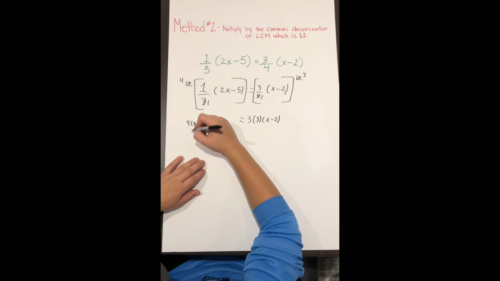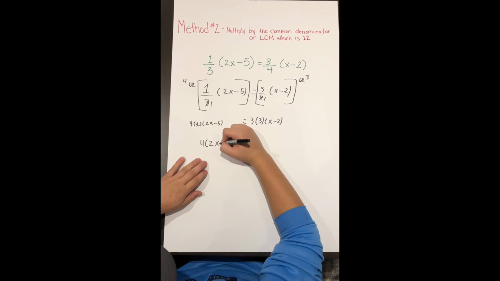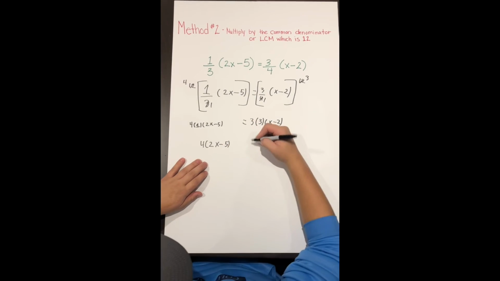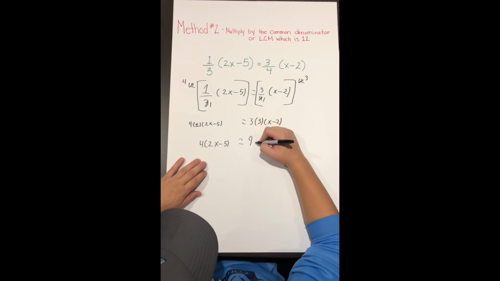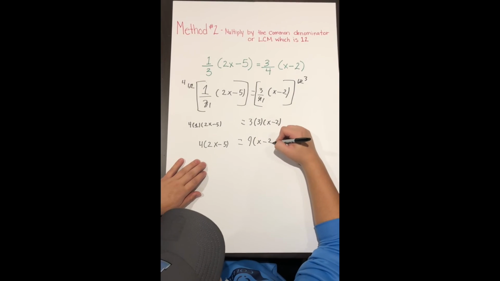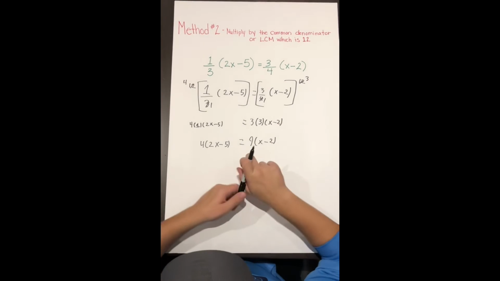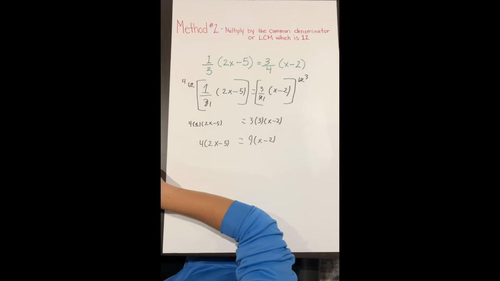So once again, you do 4 times 1, which is 4(2x - 5) = 3 times 3 is 9, so 9(x - 2). Once again, we get to here, so we have to do distributive property.